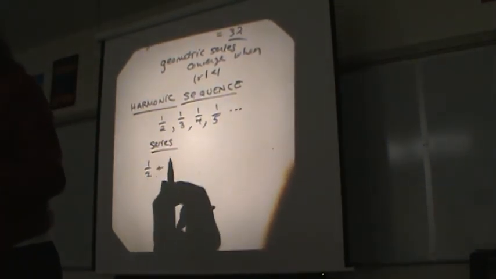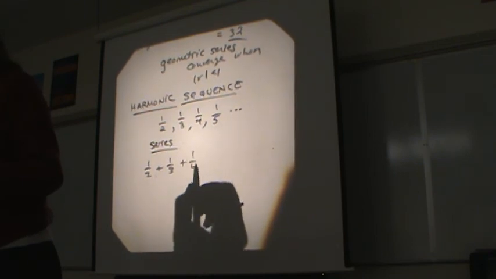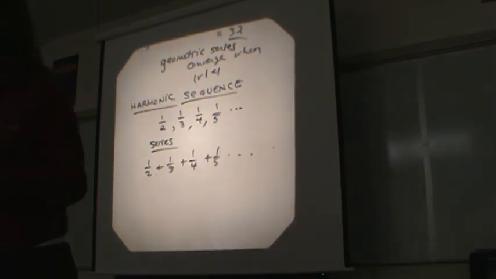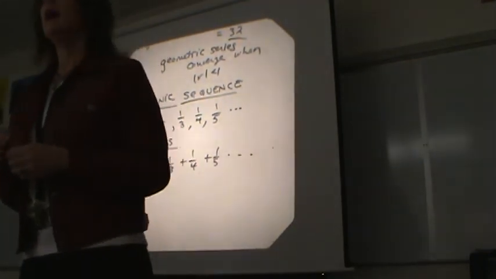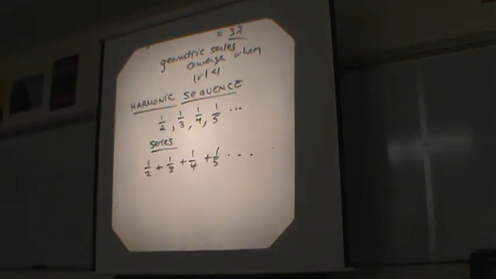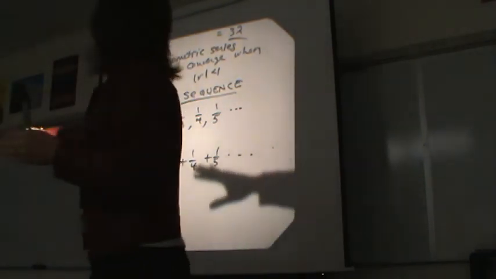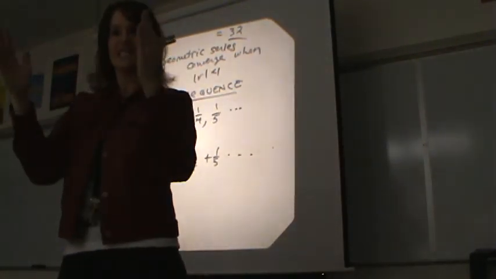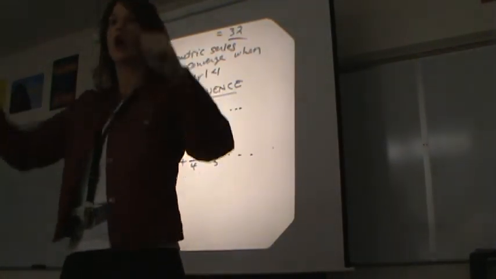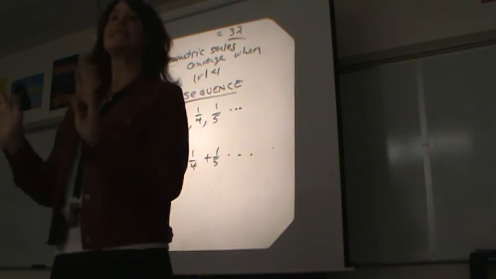Then what would the series, this same series, look like? It would be 1/2 plus 1/3 plus 1/4 plus 1/5. I'll just tell you, it seems like it should behave like the problem we just did because the terms are approaching 0. It seems like the series should converge to a finite sum, but it doesn't.